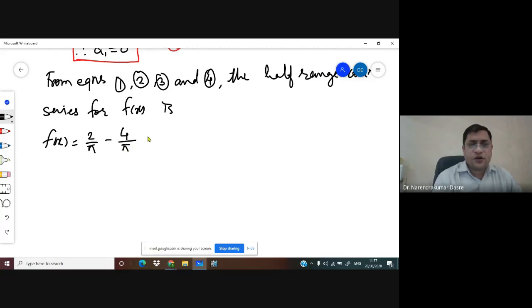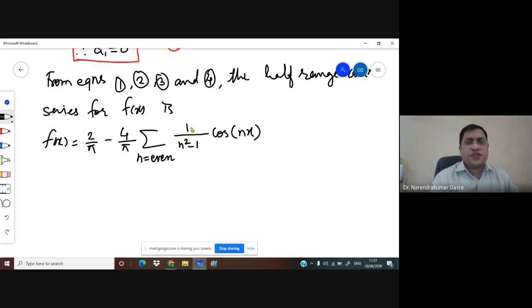So minus 4 upon pi summation 1 upon n square minus 1 cos of nx. Here, what we know the condition, to have this formula, n has to be even. So we must write this condition here. And hence, what we calculated? We calculated the half range cosine series for the function sine.